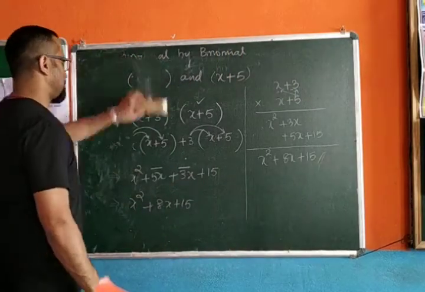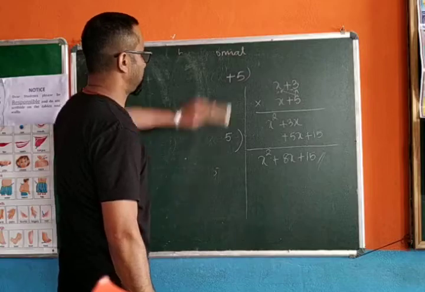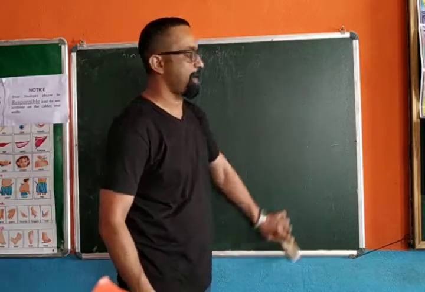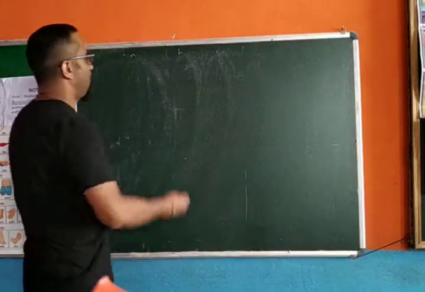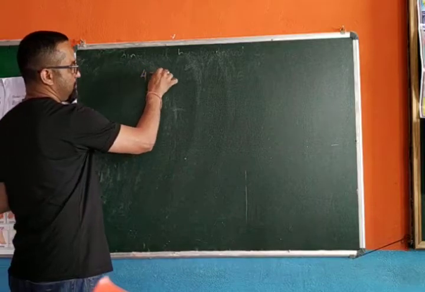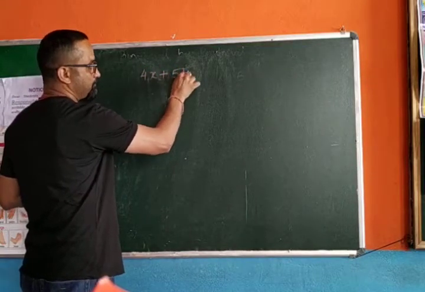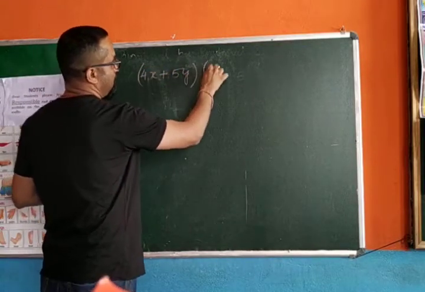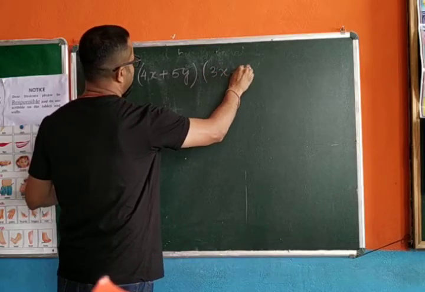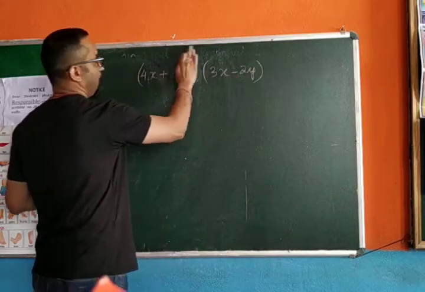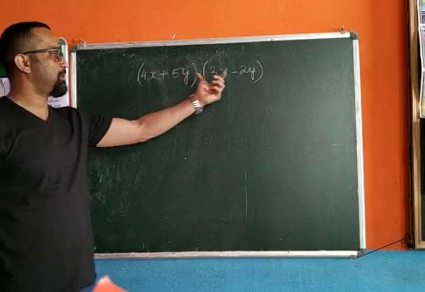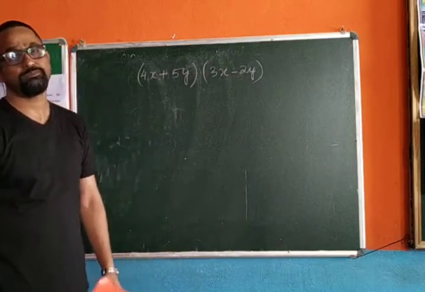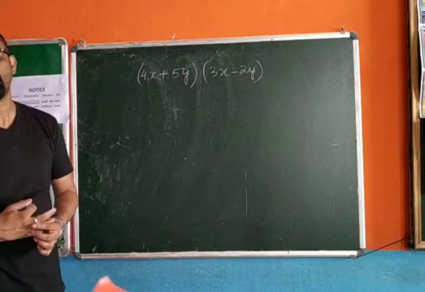Let's take one more example. 4x plus 5y multiplies 3x minus 2y. Binomial multiplies binomial. Look at the row multiplication.